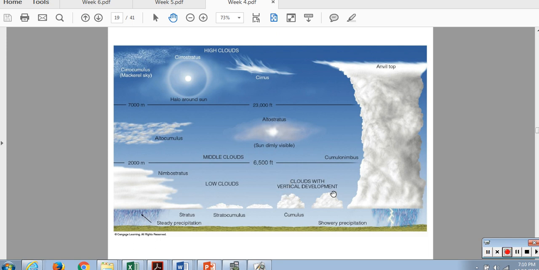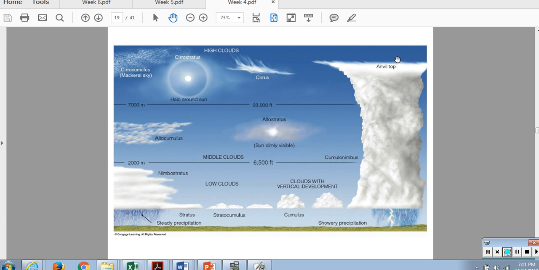When you start to get some vertical development, you get the congestus cloud, and that certainly can produce more heavy downpours, and then eventually lightning and thunder. And we can get to the point where we reach the tropopause, where the temperature goes back up, and that puts a cap.